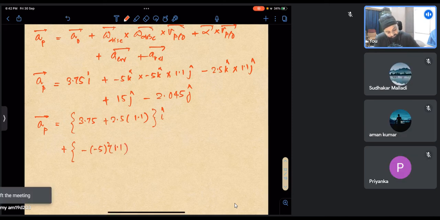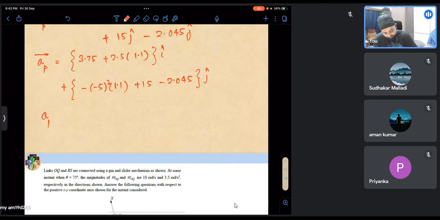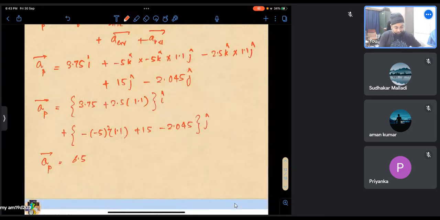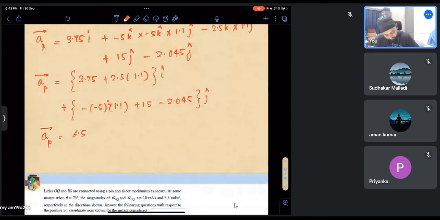This is J. Then plus 15.045 J. So acceleration of P is 3.75 by 2, 6.5 I.